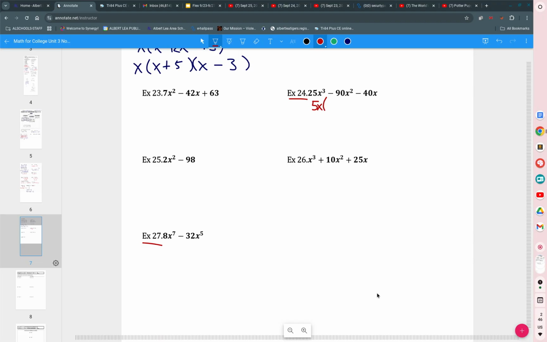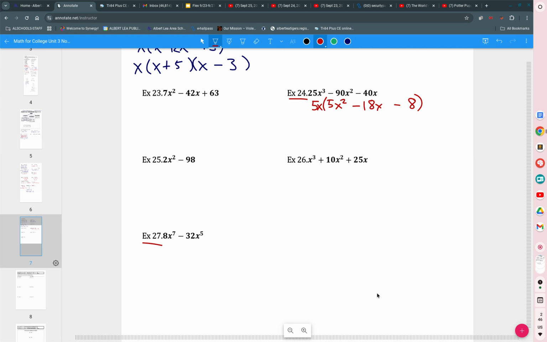When you take out 5x, you're left with 5x squared. Does anybody know 5 times what is 90? 18. It is 18. And 5 times what is 40? 8.